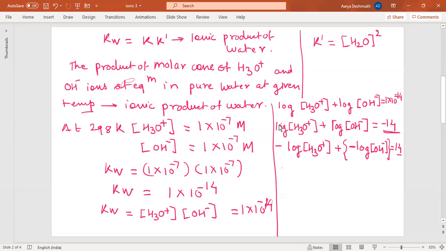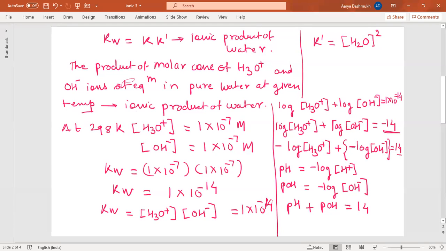That is why I made these changes. So pH equals negative log of hydrogen ion concentration and pOH equals negative log of OH minus ion concentration, isn't it? And pH plus pOH equals 14.